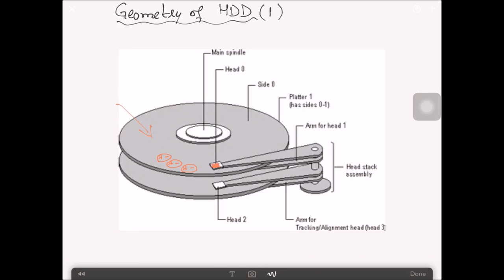This shaded portion is basically the head. You can see a head assembly over here, and along with this head assembly are attached arms, and with each arm you can see a head over here. Since in the diagram in front of us there are two platters, so if we want to read and write both sides of the platters, we will be having four heads.